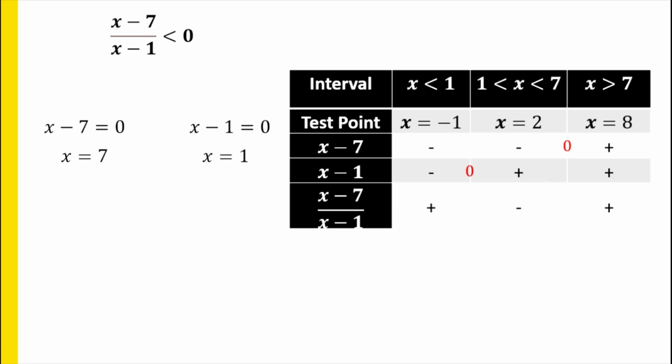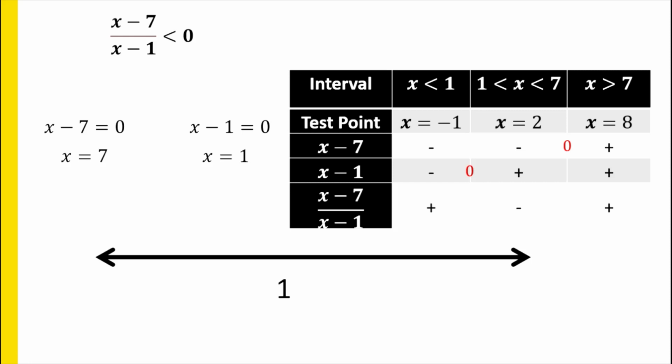Now, let's interpret this. Since we are looking for less than 0, obviously there will be no included value for the critical values here. Since it's less than 0, the sign here should be negative. So let's get the inequality x is between 1 and 7. If we have the number line here, let's graph.